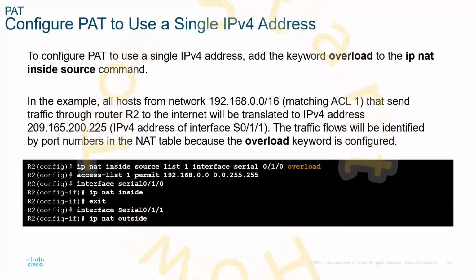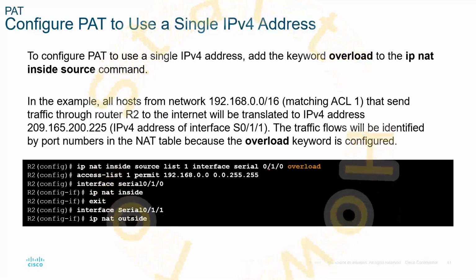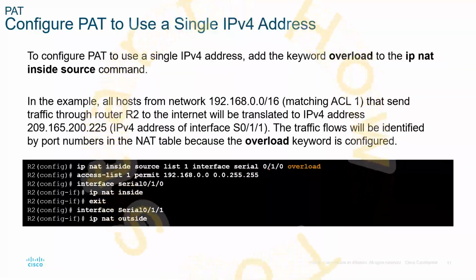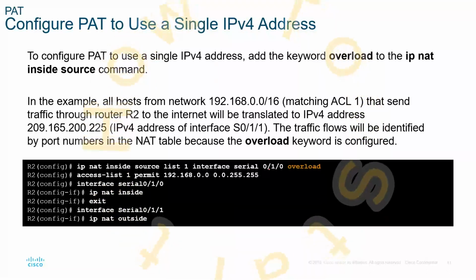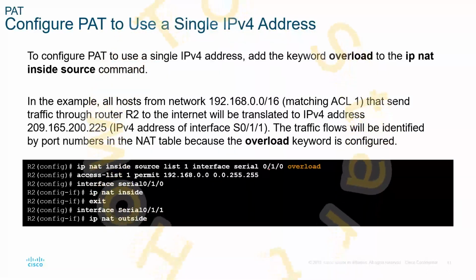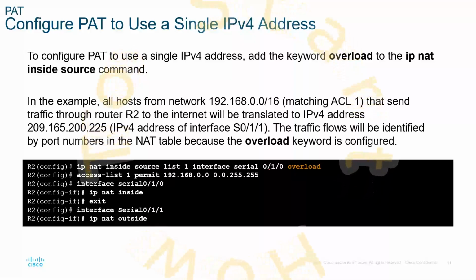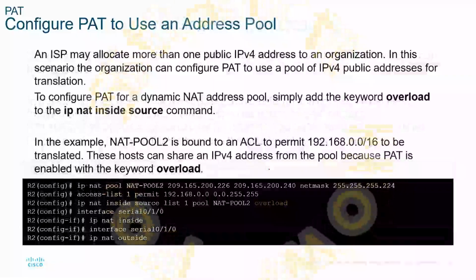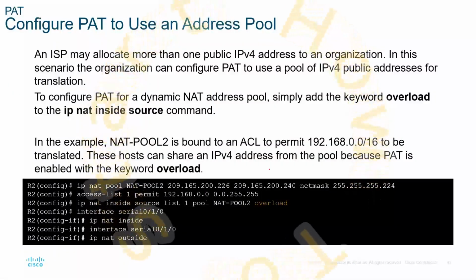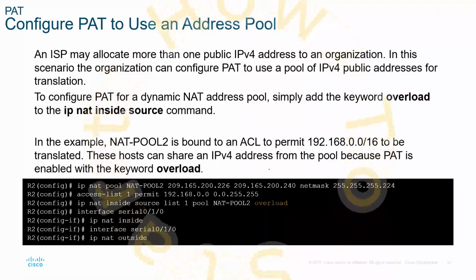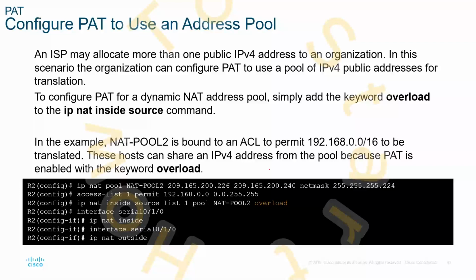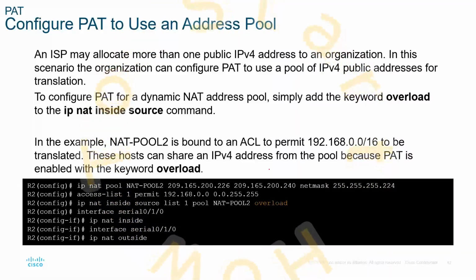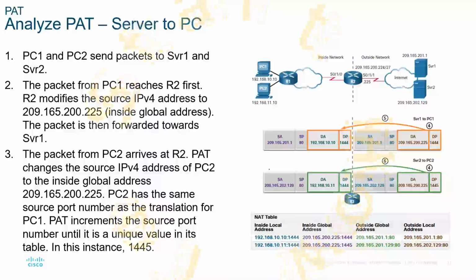We create the ACL, realistically create the ACL first, then do the NAT table, but everyone's slightly different. And again, make sure that you identify which is inside and which is outside interfaces according to NATs. So once we've done that, and we've also set up our overload, we can ensure that our ACL is there, and we can start translating.